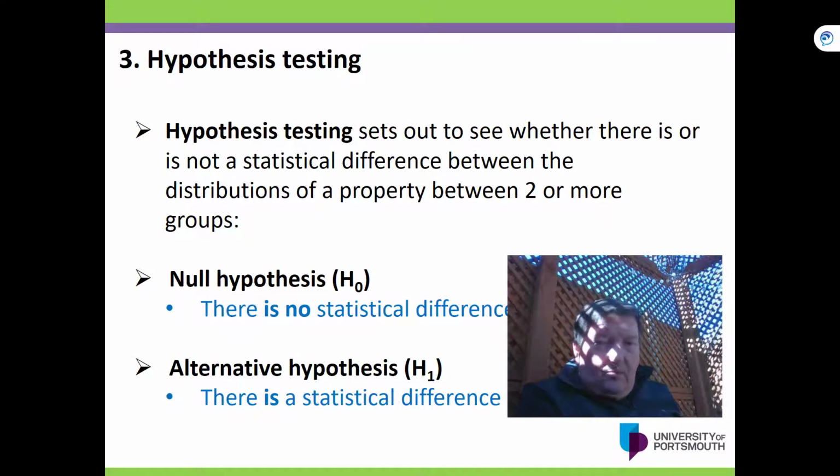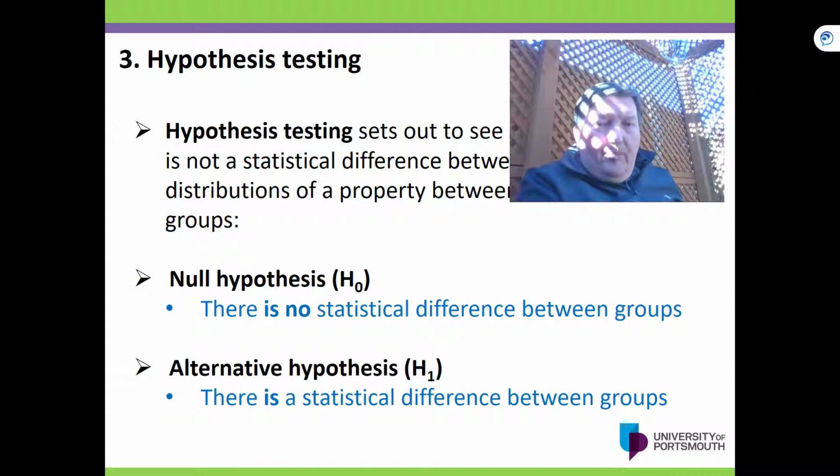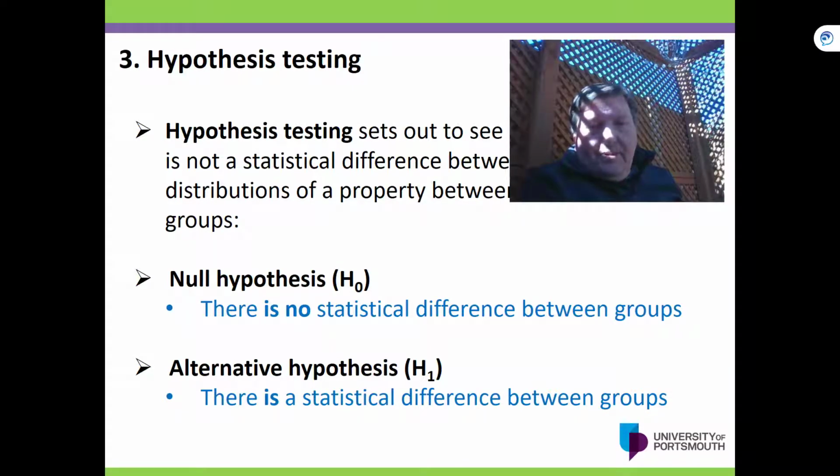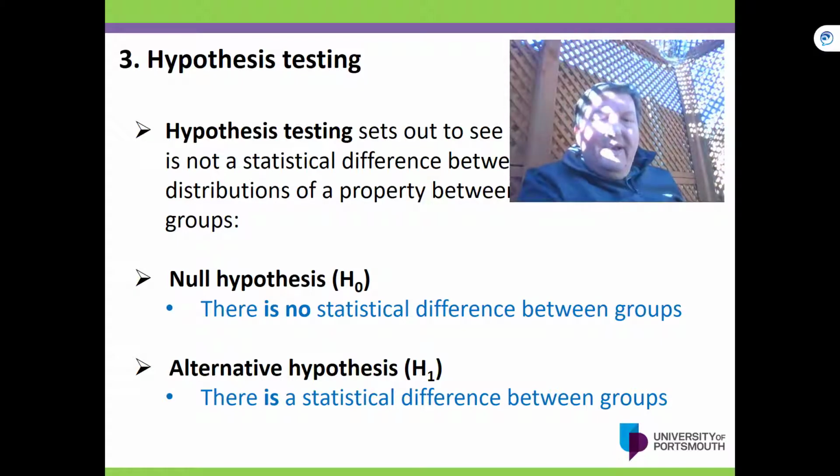So you set out what's known as a null hypothesis, given this symbol H0, and this is where you say there is no statistical difference between these 2 groups. And then there's an alternative hypothesis called H1, and this is where you say there is a statistical difference between the heights of people in the 2 different groups, 2 different rooms.